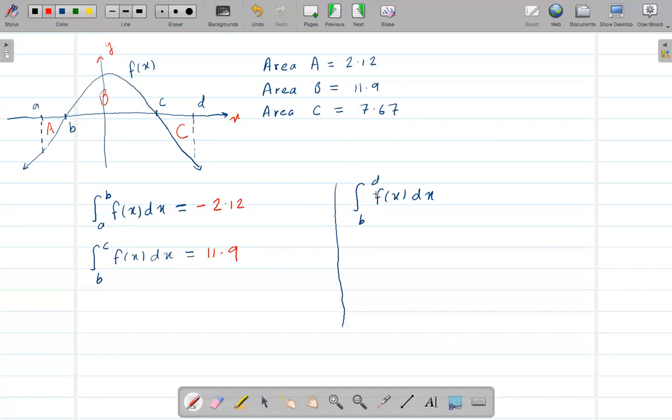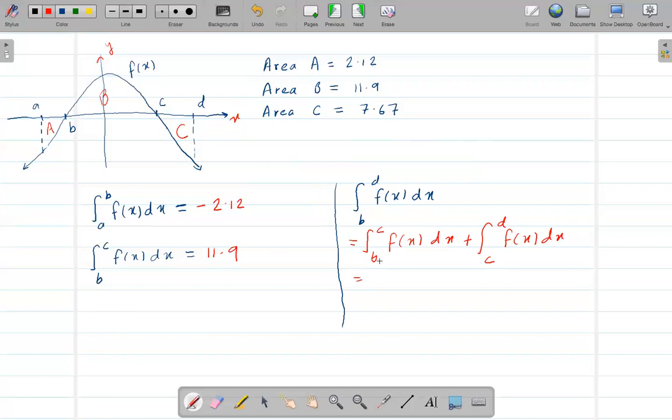Now for B to D, it's different. From B to D, we have two intervals, right? From B to C and C to D. So here we have to consider two integrations. For B to D, first we look at B to C of f of x dx, and then C to D of f of x dx, right?